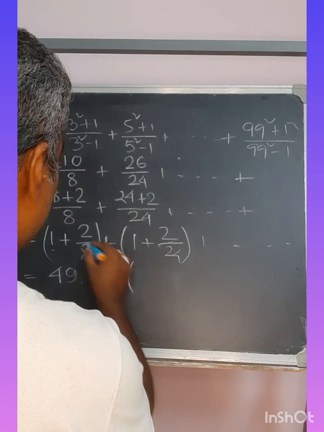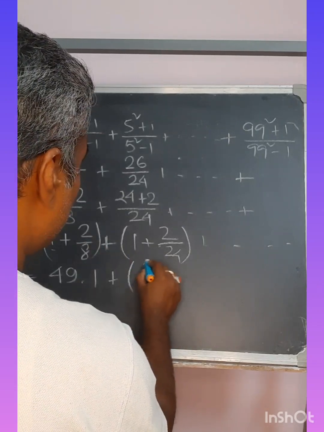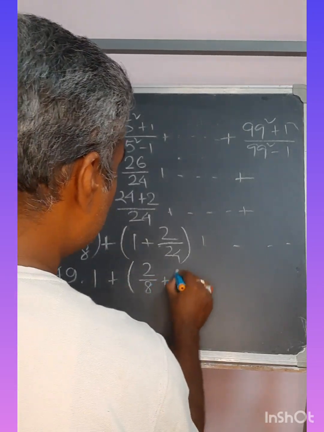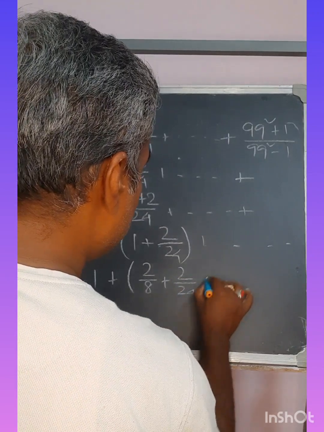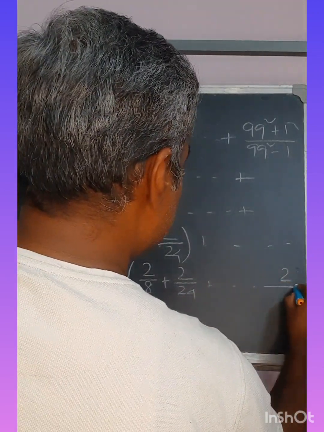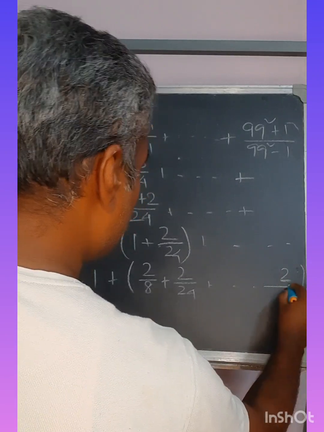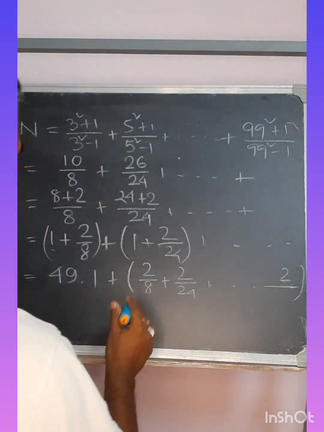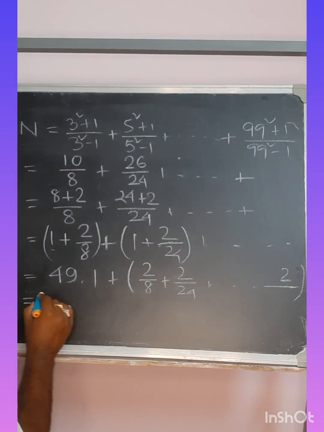So if I separate it, I will find 2 by 8 plus 2 by 24, like that, plus 2 by something here. Okay, now it is very difficult to find, so let me check further steps.